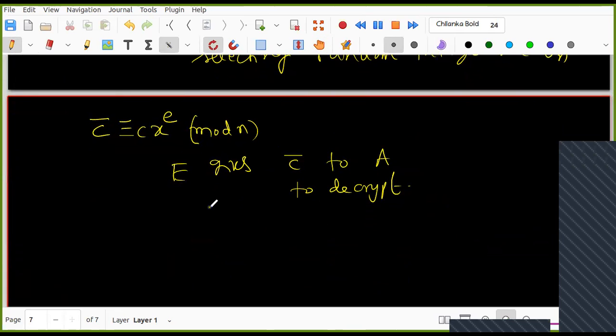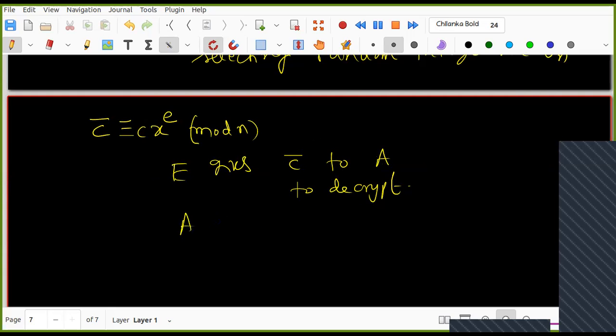Can you repeat the question? Yes. E is giving some ciphertext to A to decrypt. So E gave C bar to A. Now to decrypt, what does A give to E?